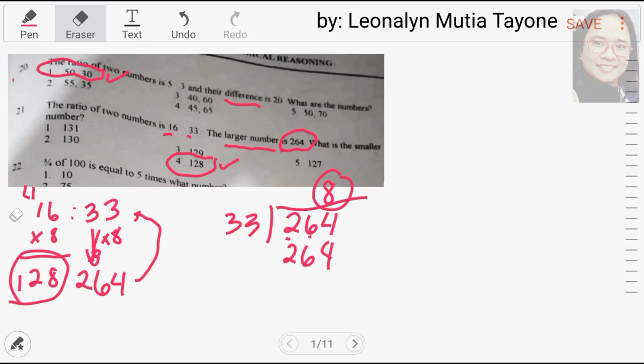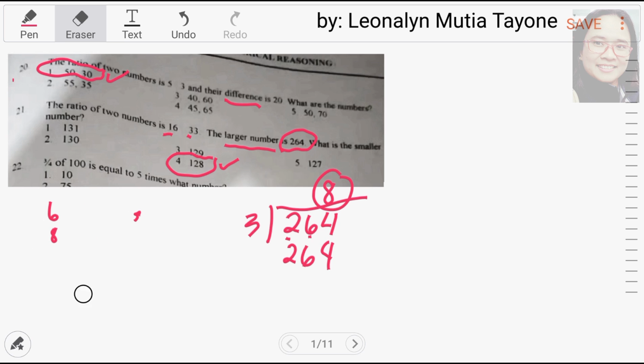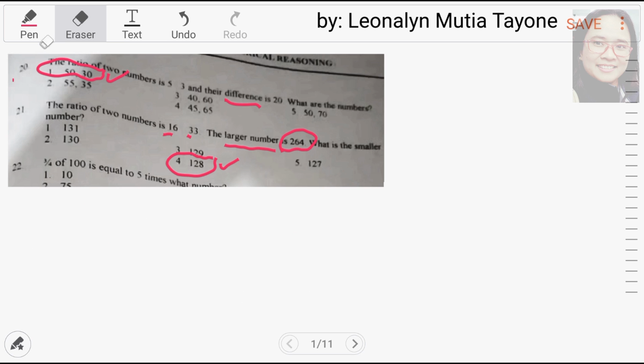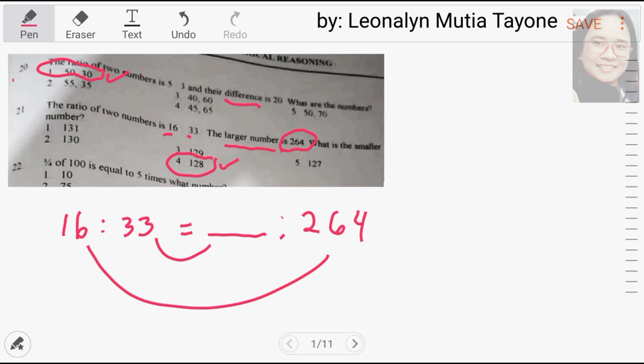Kung sakaling naguluhan kayo dyan, another way of solving this. Asan na yung ratio? 16 is to 33 equals, ito yung smaller number na hinahanap natin, then the larger number ay 264. So let n be that smaller number na hinahanap natin.